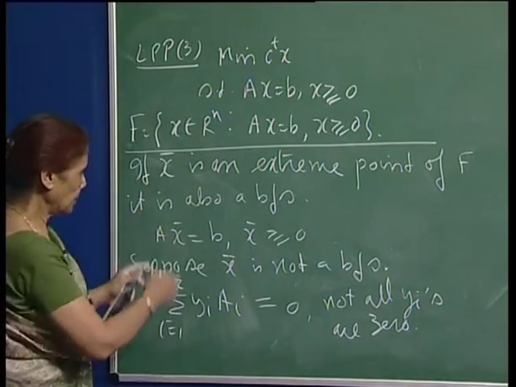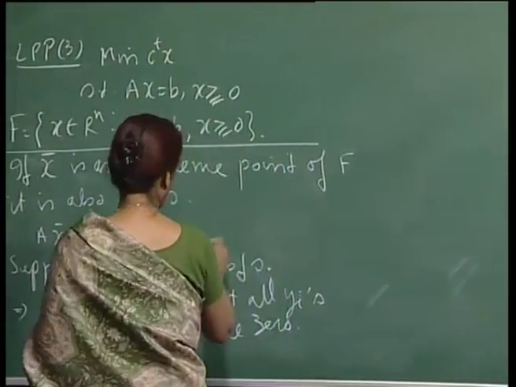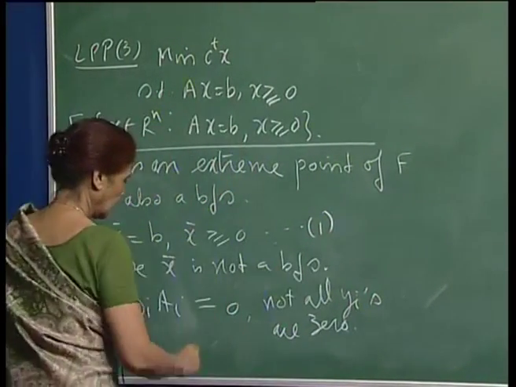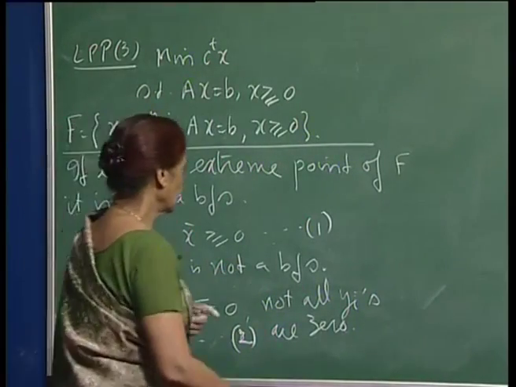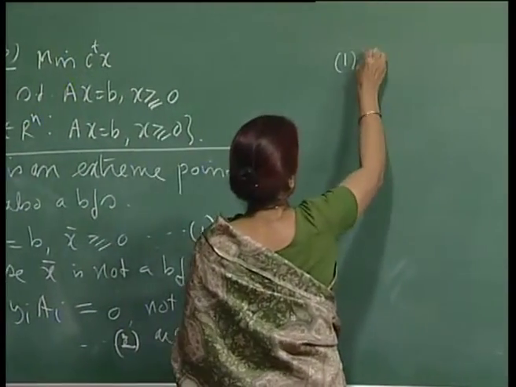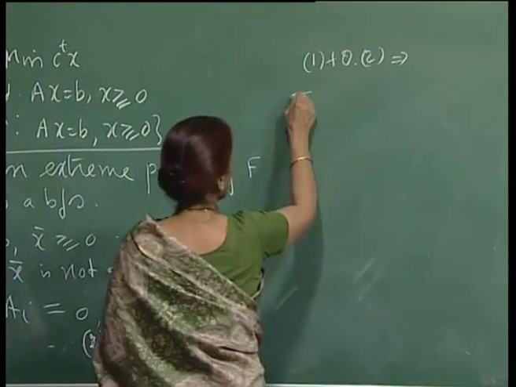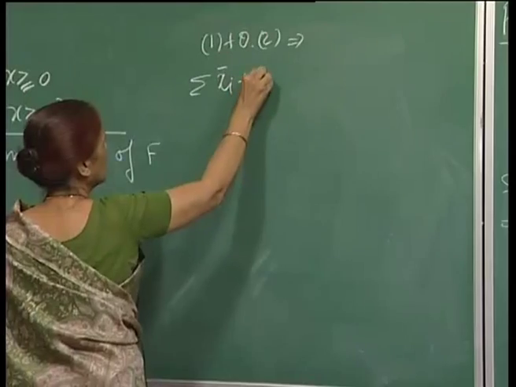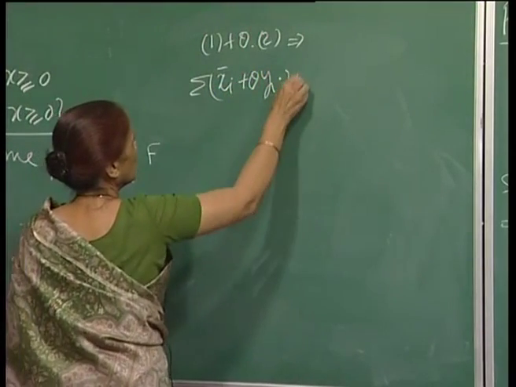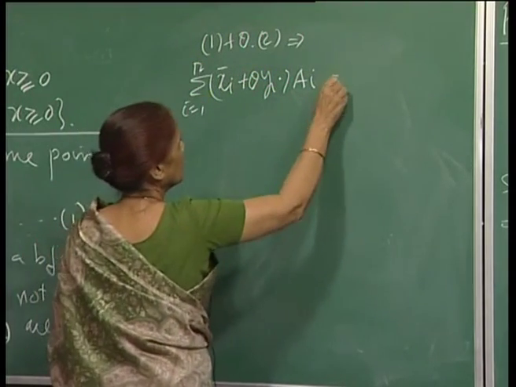So, without working out the details, I will say that this is 1 and this is 2. So, 1 plus theta into 2 imply that summation (xi bar plus theta yi) ai, i varying from 1 to r, is equal to b.